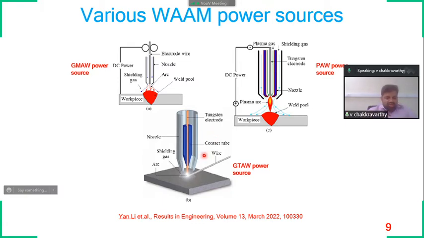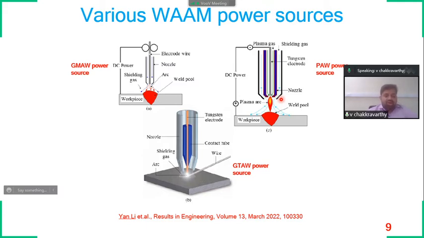GTAW has a slightly diverged arc, but plasma arc welding has a very narrow arc. Just like if you want to perform keyhole welding, we can go for the plasma arc welding process. And also for depositing a larger volume of component, for example, if I want to deposit like 5 kg or 6 kg per hour.